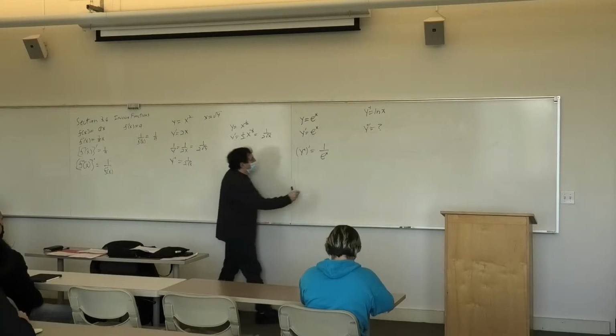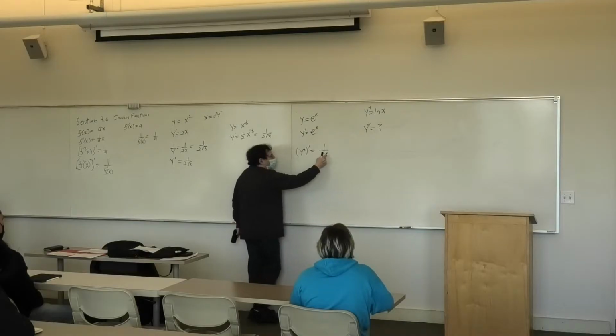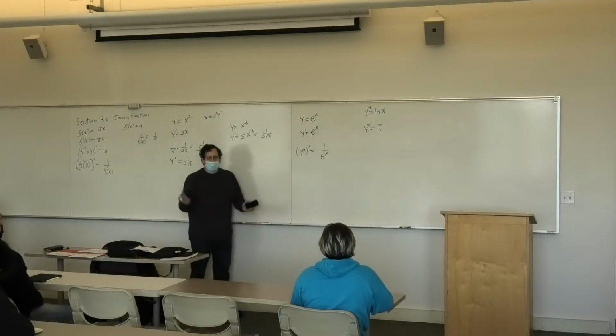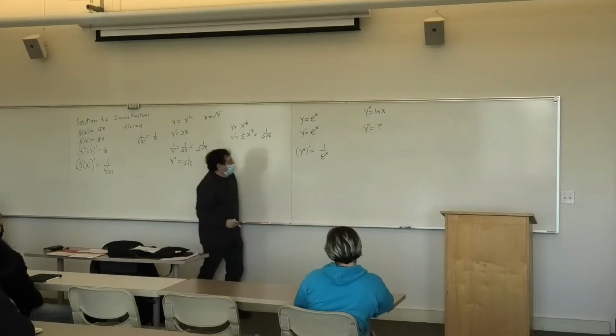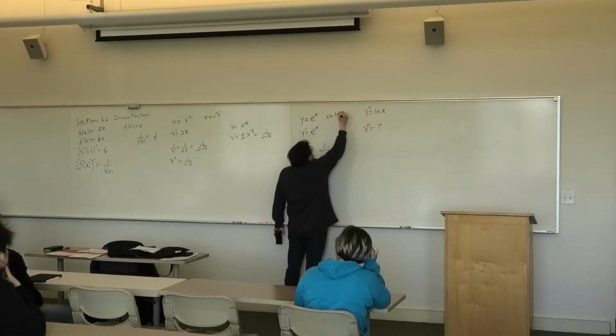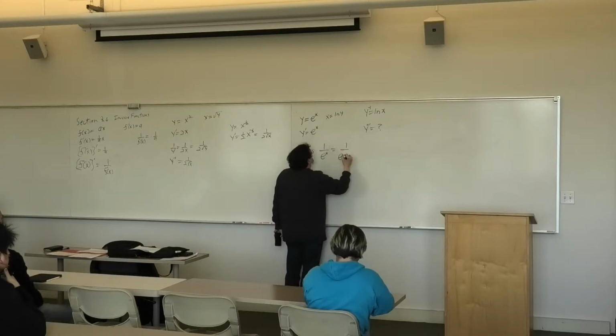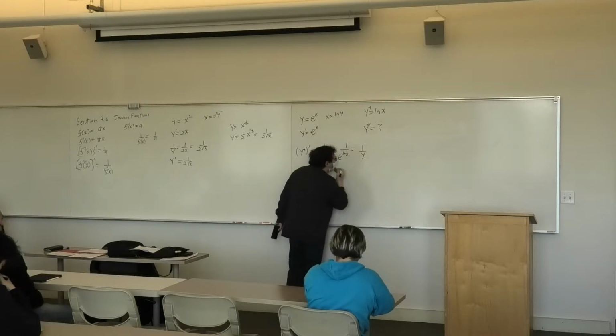Okay, but the problem here is we have this in terms of x. We want it in terms of y. Well, we see here x is the log of y. So if I plug that in, 1 over e to the log of y is just 1 over y.